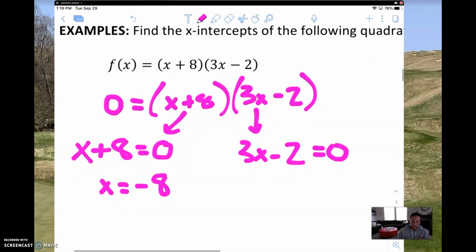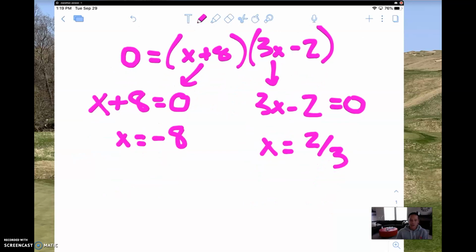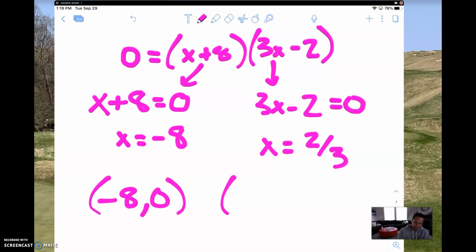For the next one, we're going to add 2 to both sides, and then we're going to divide by 3. So we get x equals 2/3. And those will be your 2 x-intercepts. I'll write them as coordinates: (-8, 0) and (2/3, 0).